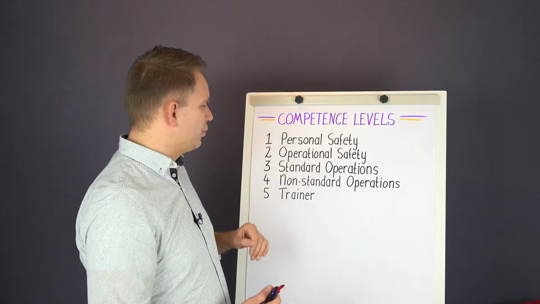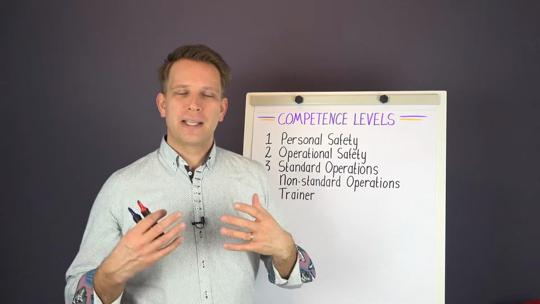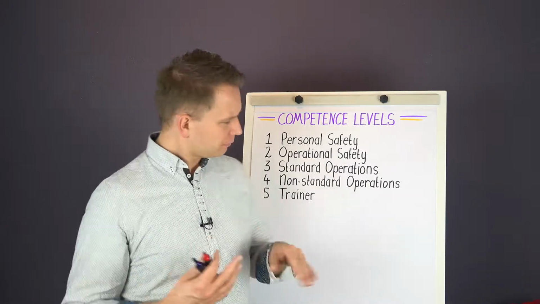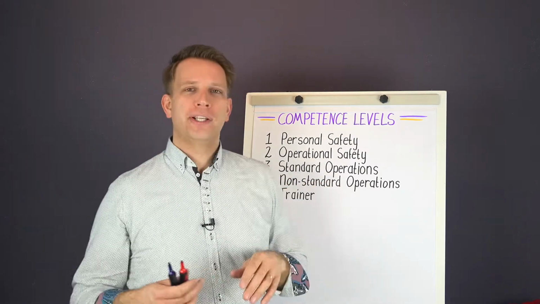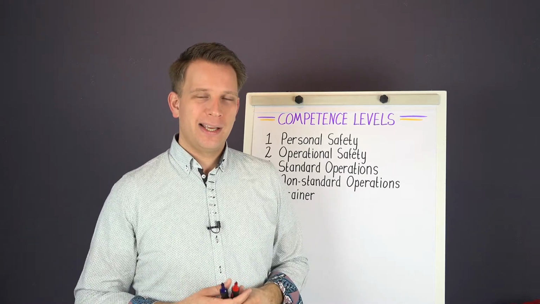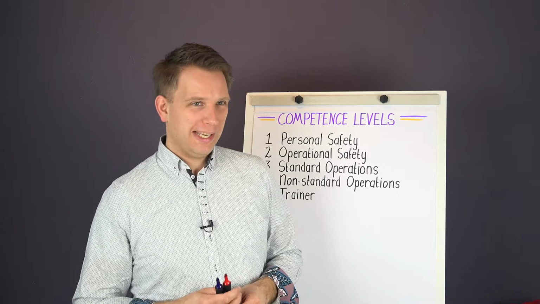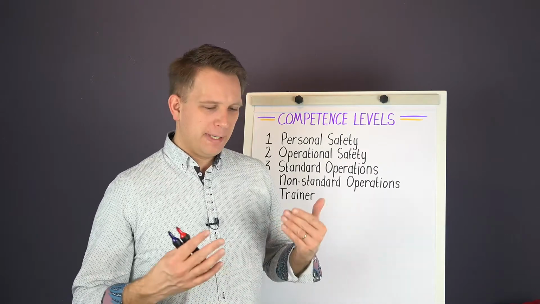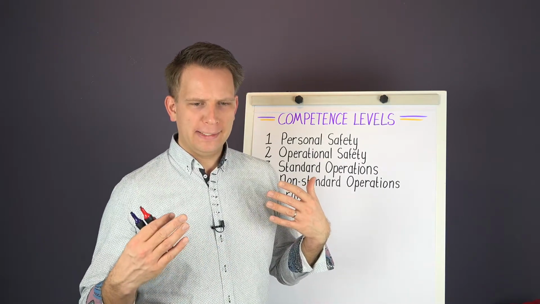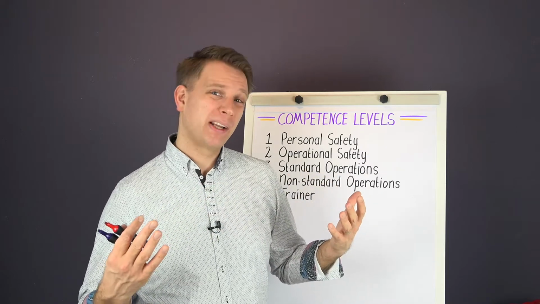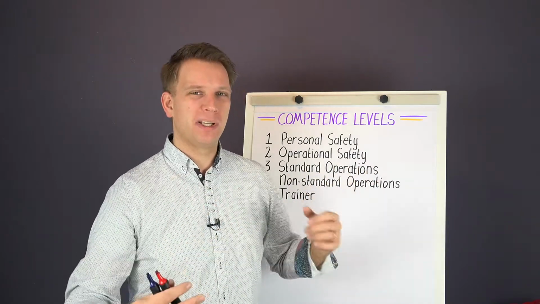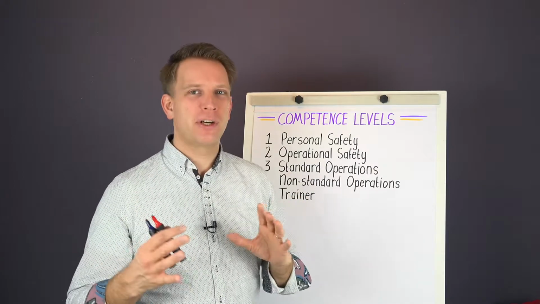And the difference between a level 3 and a level 4 is that a level 4 operator can also handle all kinds of non-standard situations. Many breakdowns or specific rework cases, or maybe stuff like the electricity going off and then on again, and what to do with the line. Such types of things are in there.